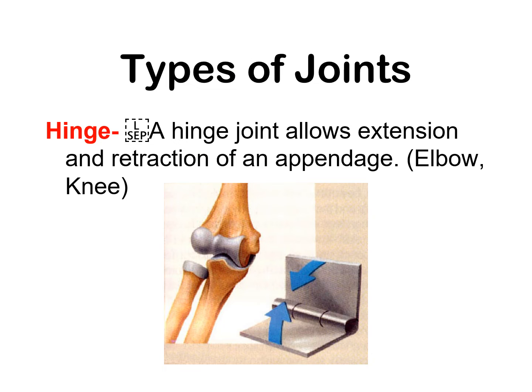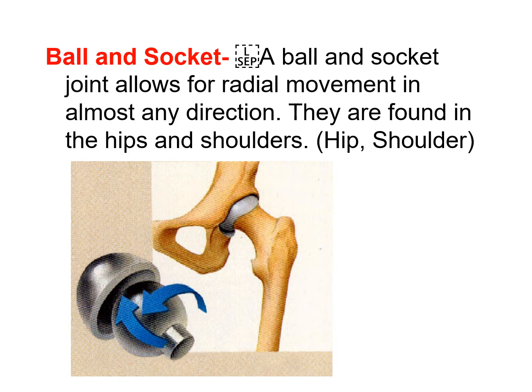Types of joints: we have hinge joints. A hinge joint allows extension and retraction of an appendage, especially the elbow and knee. We have the ball and socket joint, which allows for radial movement in almost any direction.